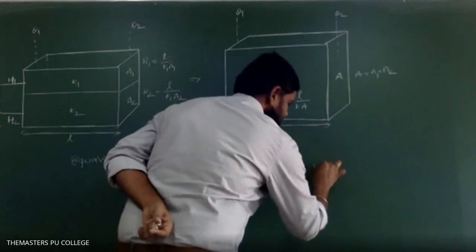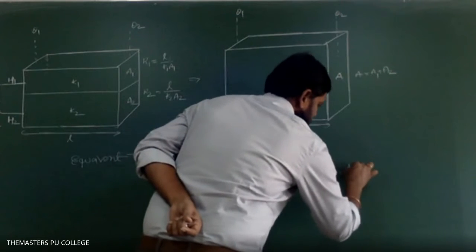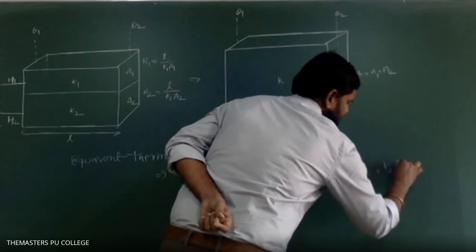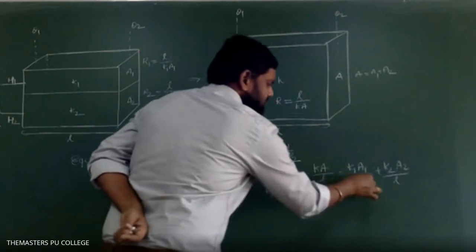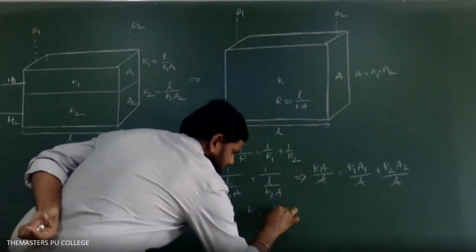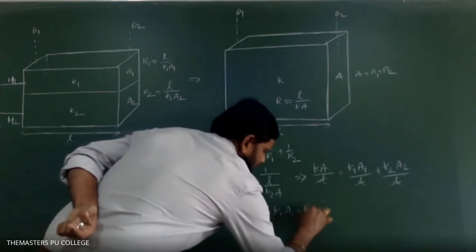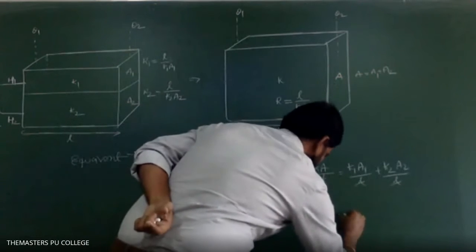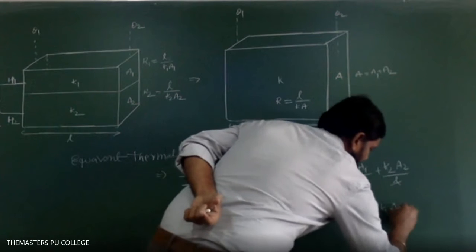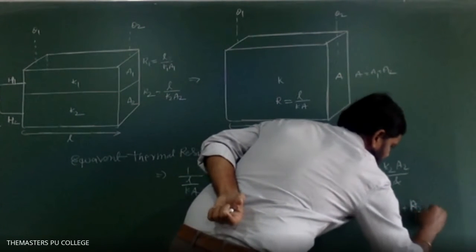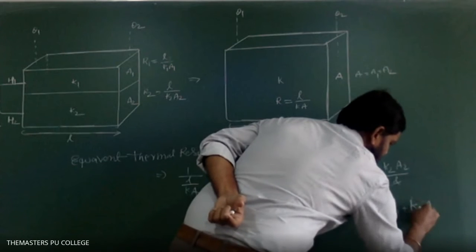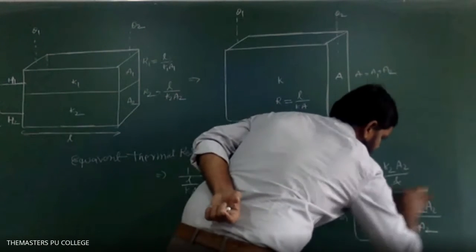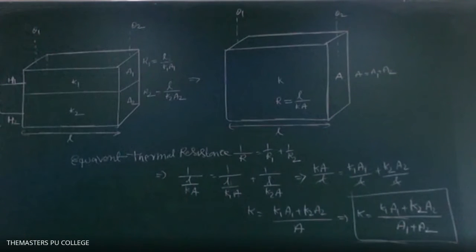That implies KA by L equals K1 A1 divided by L plus K2 A2 upon L. This L gets cancelled, so K equals K1 A1 plus K2 A2 divided by A. Since A equals A1 plus A2, K equals K1 A1 plus K2 A2 upon A1 plus A2. So this is the equivalent thermal conductivity when two rods are connected in parallel.